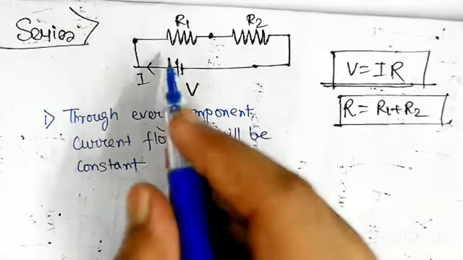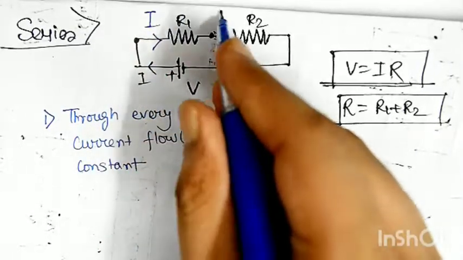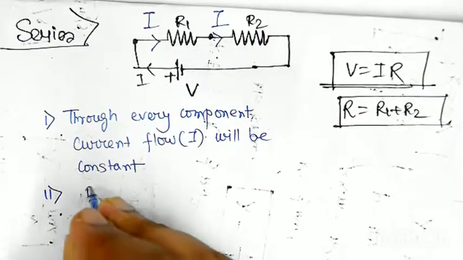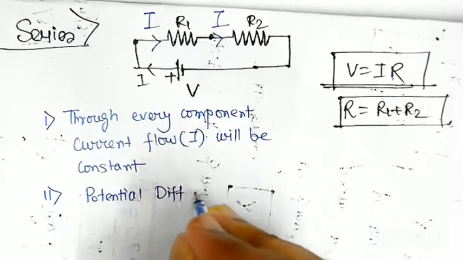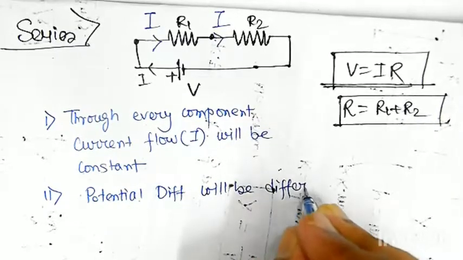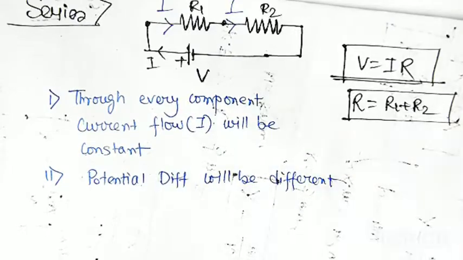That means through R1 the current flow is I. Through R2 the current flow value is also I. But the potential difference will be different for each case. So if I current flows through R1 and I current flows through R2, what can I know?